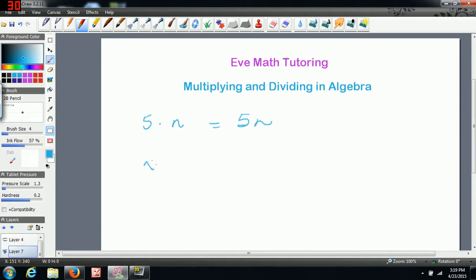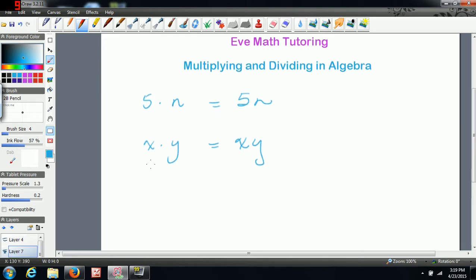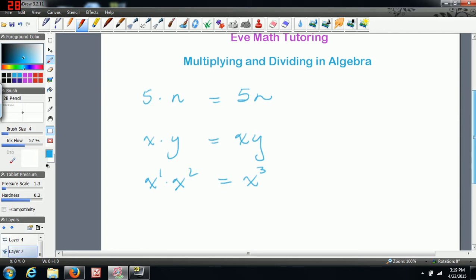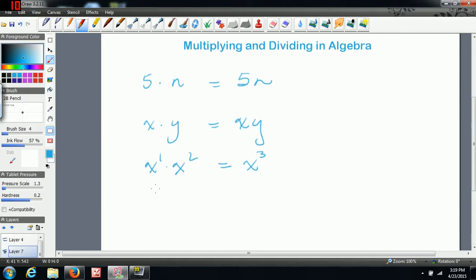Or if you're multiplying x times y, you would just write that as xy. Okay, when you're multiplying. But if you're multiplying, say, x times x to the 2, now because you have the same base, your exponent becomes x to the 3, and you get the same thing in there. Okay? So that's how that works.